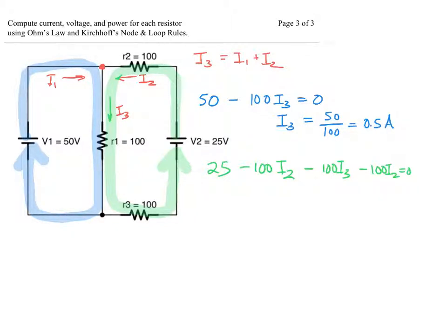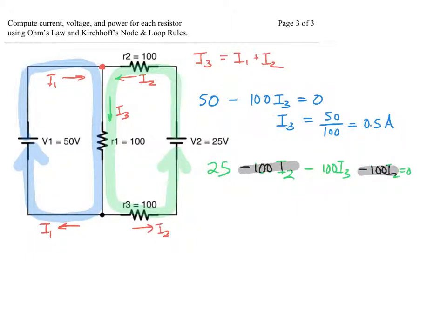Now, this has to be I2 because it's coming back up this way, right? And this would have to be I1 since it's going back up through the battery to where I1 is, right? So this equation here, notice that you have a minus 200 I2.